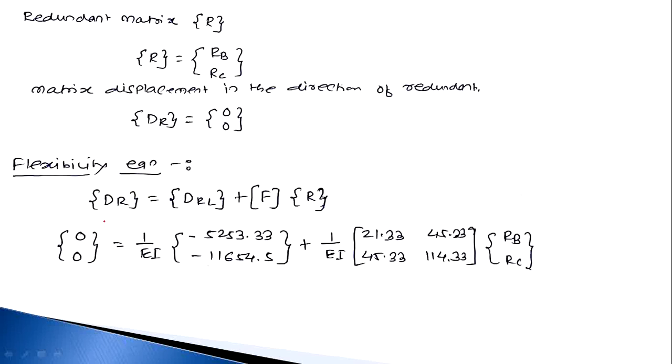So the displacement matrix 0 is equal to 1 upon EI times minus 5253.33, minus 11654.5, plus 1 upon EI times the F matrix, that is 21.33, 45.33, 45.33 and 114.33, and the R matrix, that is RB and RC.